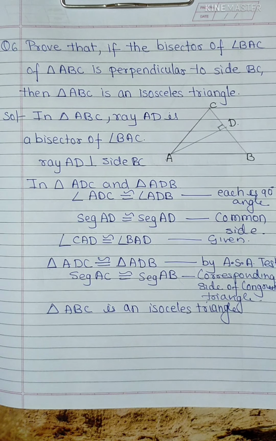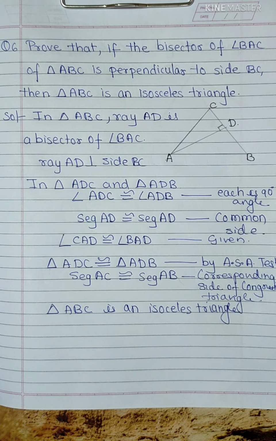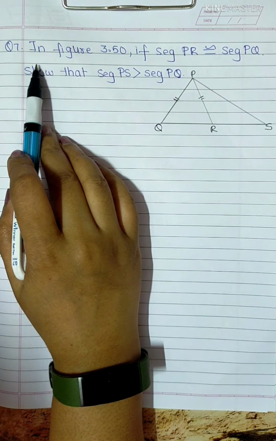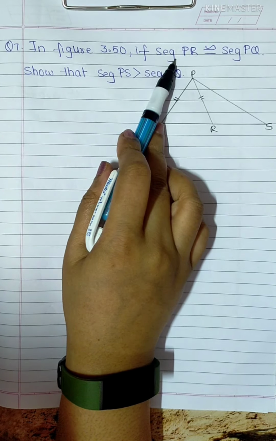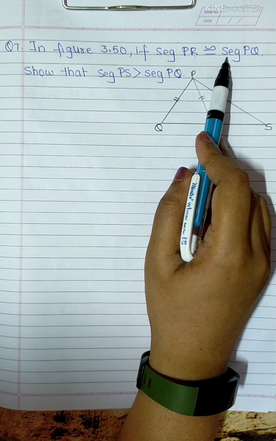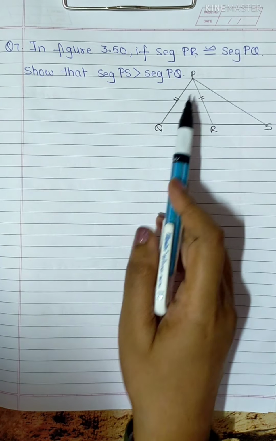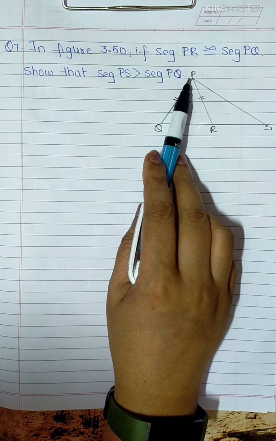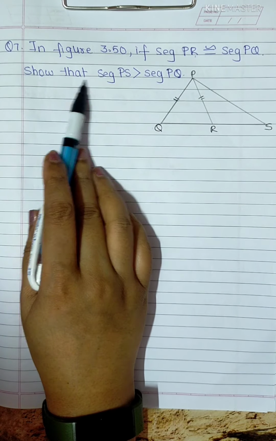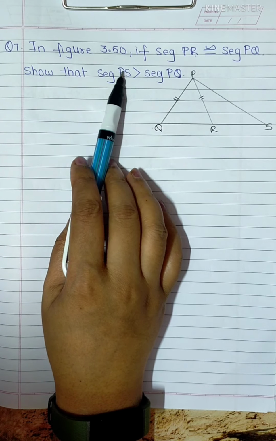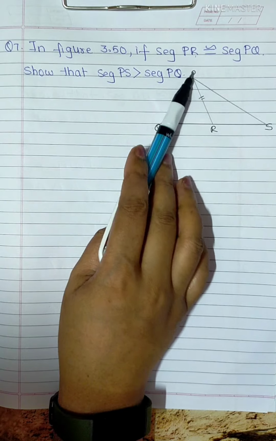Now we are going to solve question number 7 of practice set 3.4. Now question number 7 is given in figure 3.50. If segment PR is congruent to segment PQ, show that segment PS is greater than segment PQ.